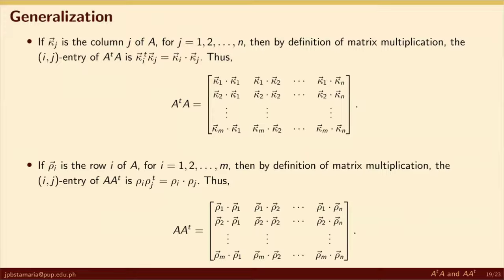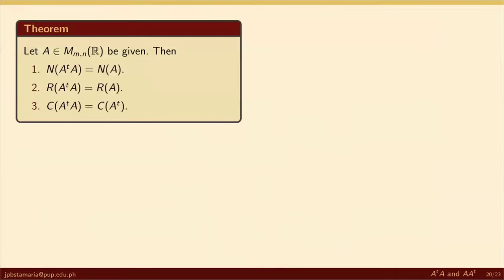Now let's talk about the four fundamental spaces of these matrices. It turns out that for a given matrix A, regardless of the size, the null space of A transpose A, so here in this theorem we talk about A transpose A, is just the null space of the base matrix.